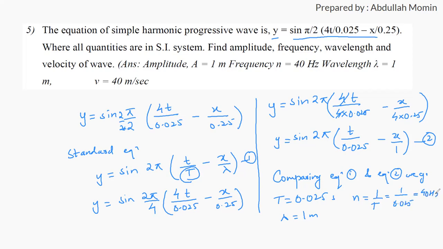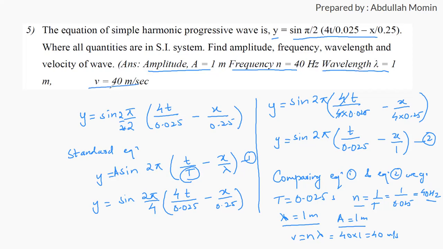So we will get 40 hertz. Amplitude is 1 meter. So this is wavelength 1 meter. This is amplitude. Frequency is 40 hertz. And the velocity is equal to n lambda, means 40 into 1 is equal to 40 meter per second. So the amplitude will be 1 meter, frequency will be 40 hertz, wavelength will be 1 meter, and the velocity we are getting is 40 meter per second.